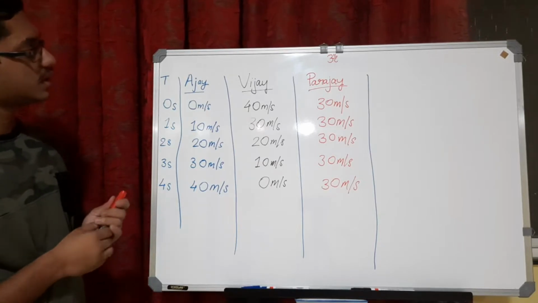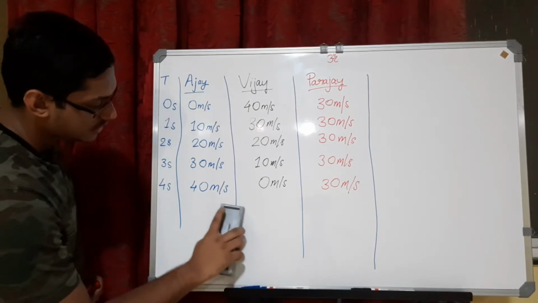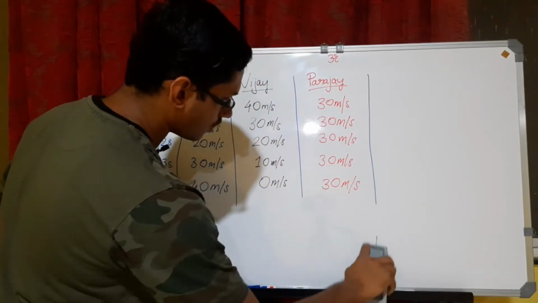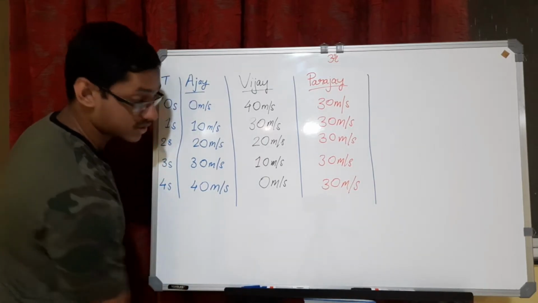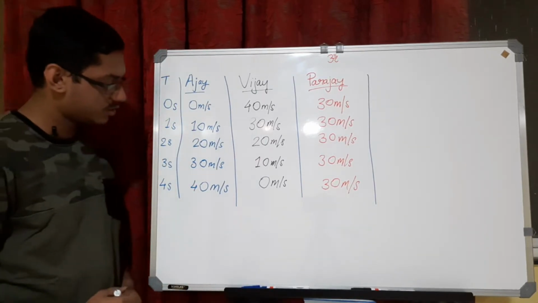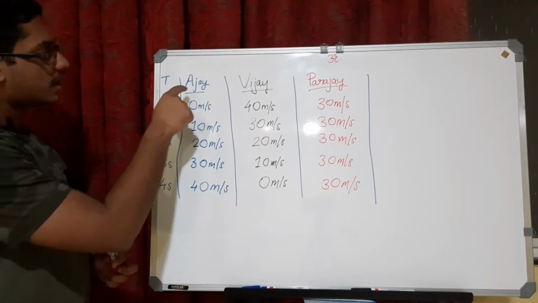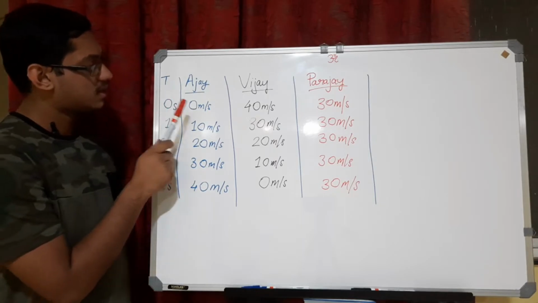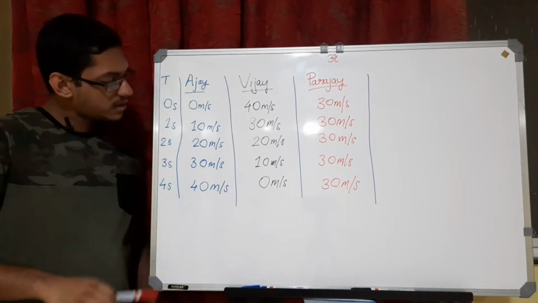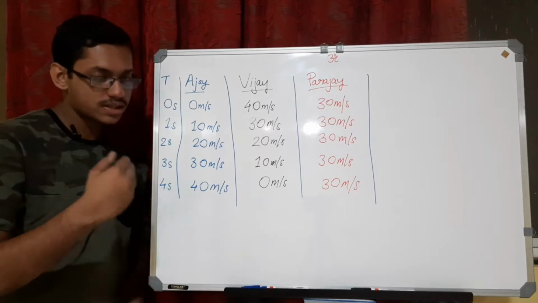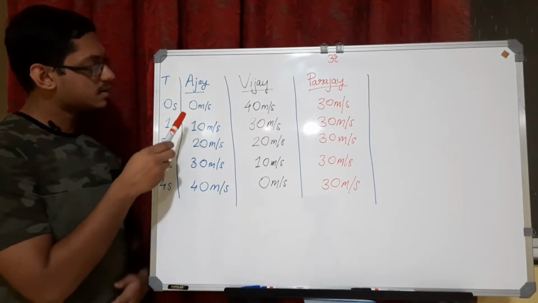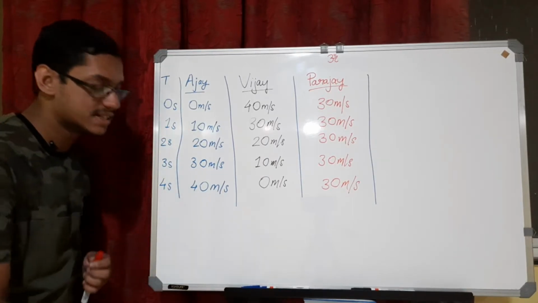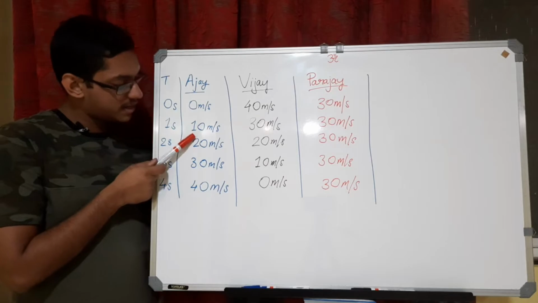All right, so now let's see the difference. I hope, or I know, many of you have guessed what the difference is, but still let me explain it to you. Ajay at the 0th second, his velocity was 0. When 1 second happened, his velocity increased by 10 meter per second, 0 became 10.